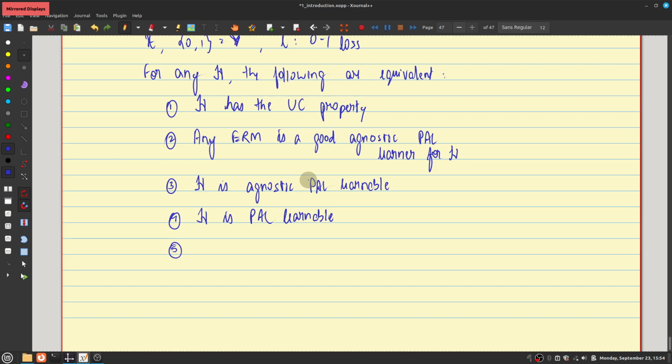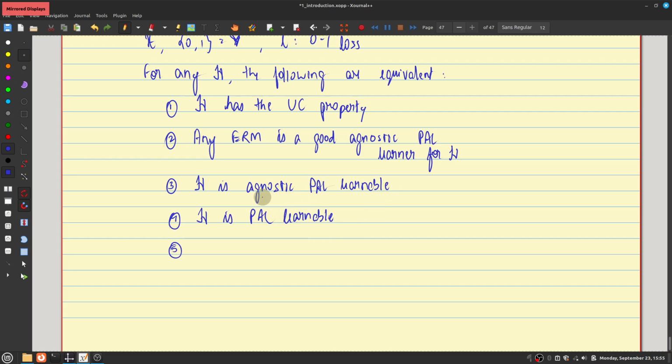But so that's the case, then H is also PAC learnable. Well, that is clear, right? When I say PAC learnable, it means that H is equal to C. It's a specific class of ground truths. But agnostic PAC learnable means that you're looking at all possible random ground truths, random relationships between X and Y. So obviously, this is a special case of this.